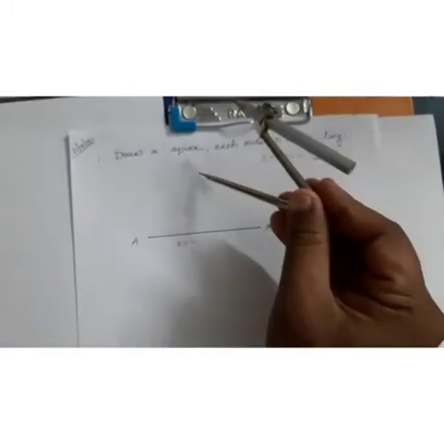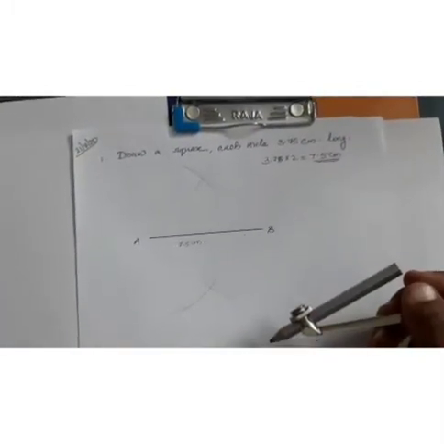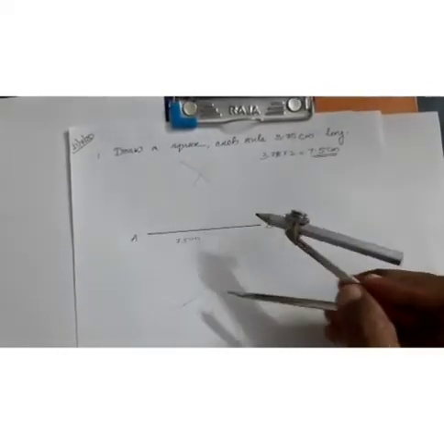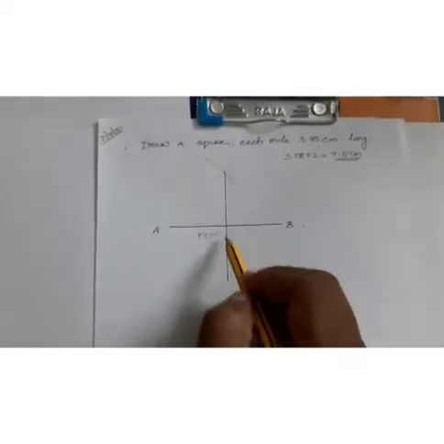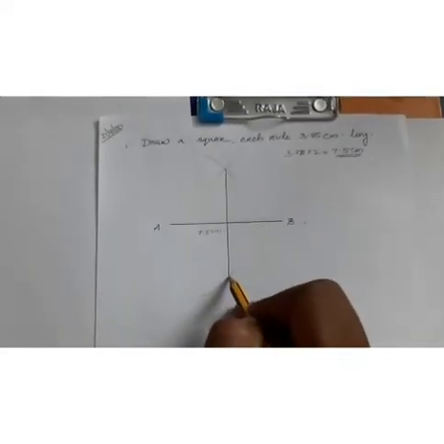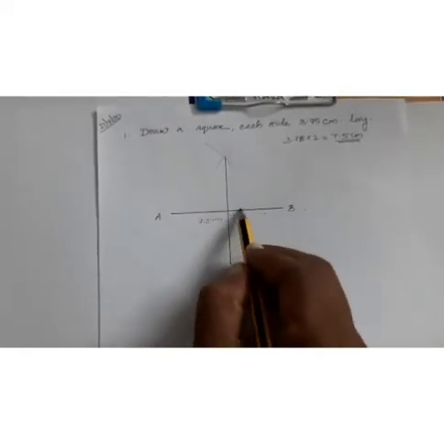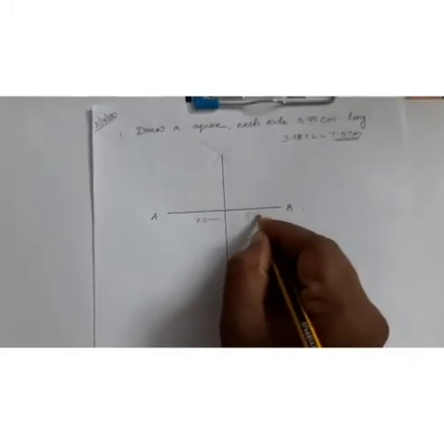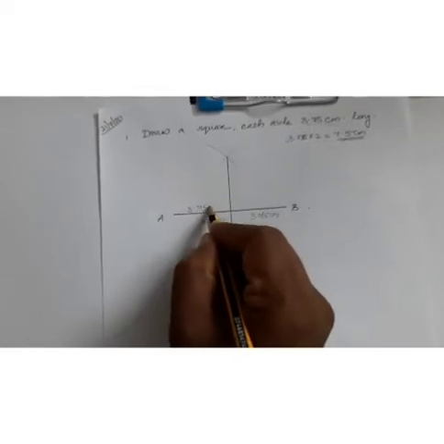So you will get the line bisector. You have to join these two points. Here we draw the perpendicular bisector. Then each side should be 3.75 centimeter at both the ends.